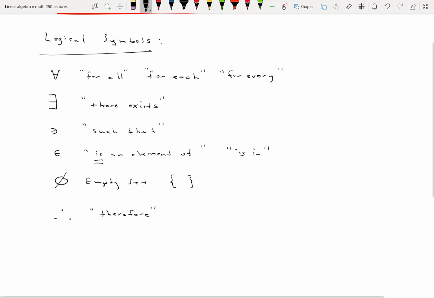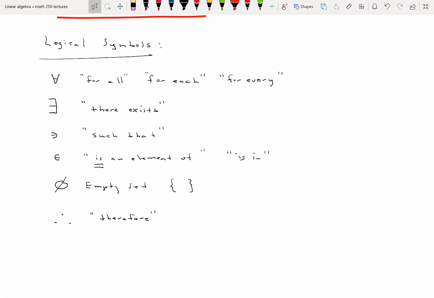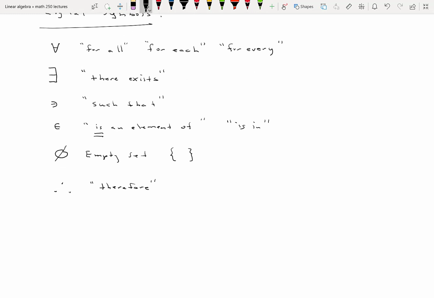Right now I want to take a look at some specific examples maybe using these symbols. So examples. Let's say example A, part A. For every x in R, for every x in R, that is, an element of R. What is this saying in better English?